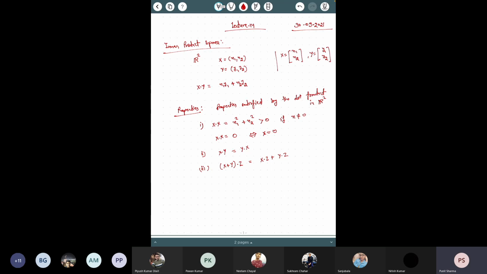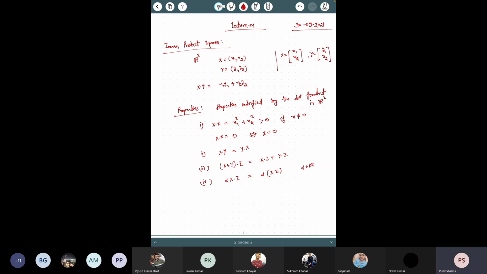And then if I take a scalar multiple of any vector x, and take the dot product of this with z, then it is the same as the same scalar multiplication with the dot product of x and z. Alpha is any scalar.